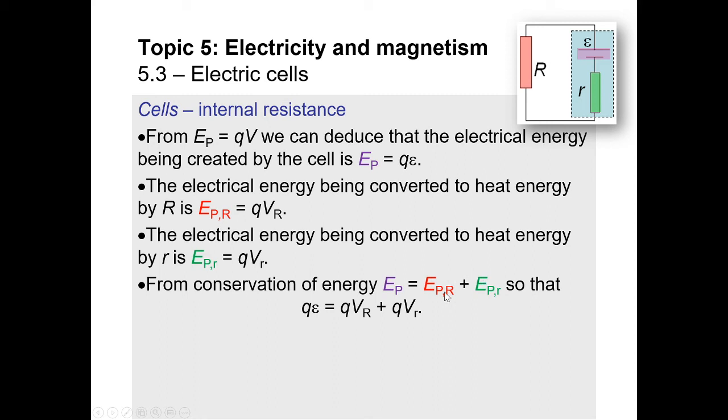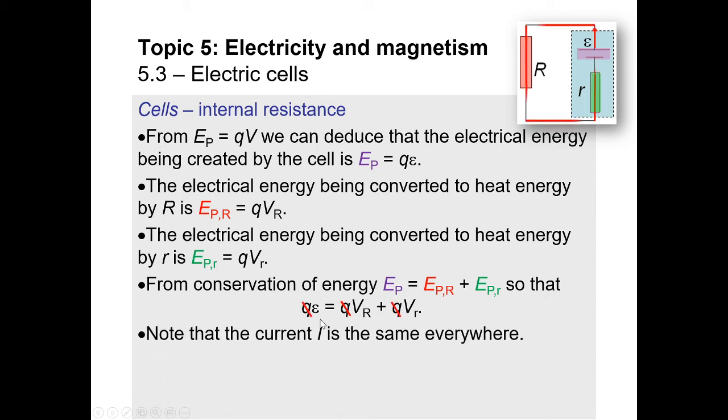Hence the respective sides on this formula. So we have overall Q epsilon equals QV capital R plus QV little r. Since Q appears in every single term, we can cancel it out, leaving us with an expression that tells us that the voltage supplied by the battery is equal to the voltage drop across the first resistor plus the voltage drop across the internal resistor.